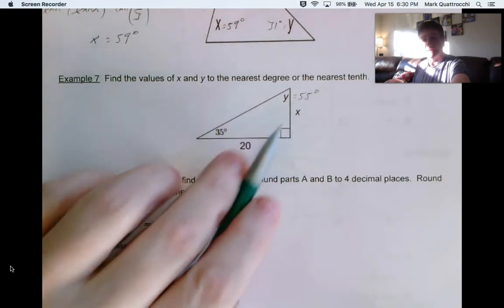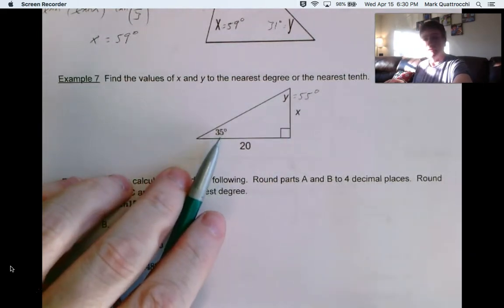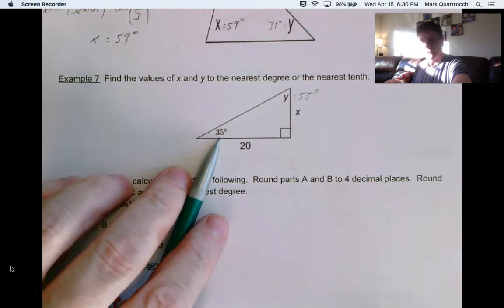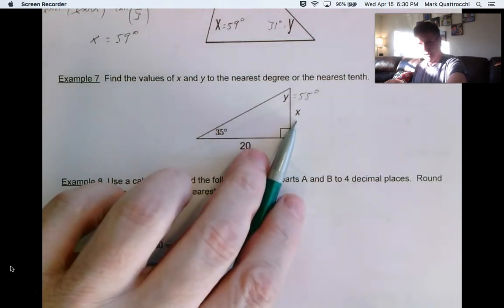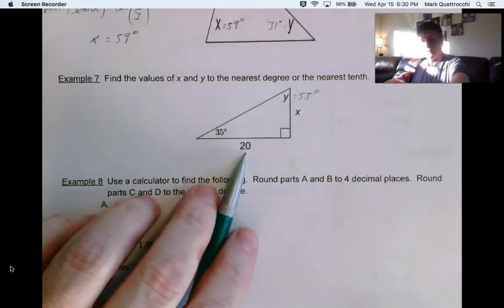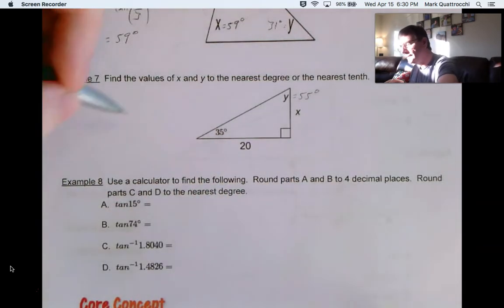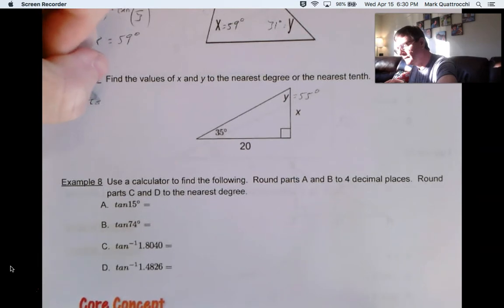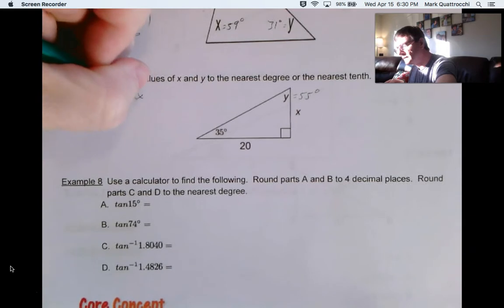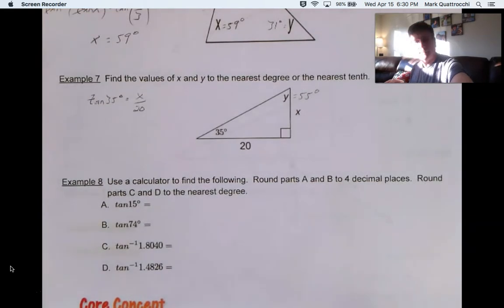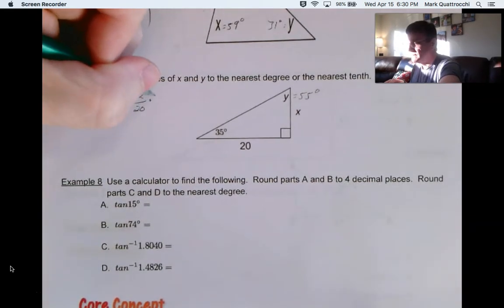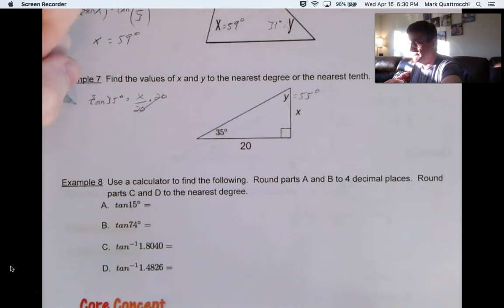Let's find x. If I'm here at the 35 degrees, and I'm not going to use the 55. Always use the numbers that are given to you whenever possible. So I'm here at the 35 degrees. I'm looking for x, which is opposite. I know the 20, which is adjacent. Again, tangent uses opposite and adjacent. Tangent 35 degrees equals x over 20. Multiply both sides by 20.